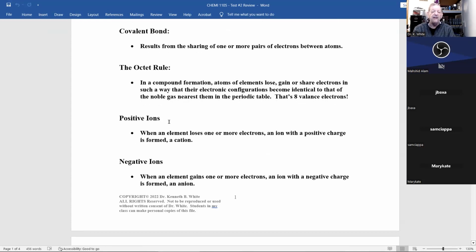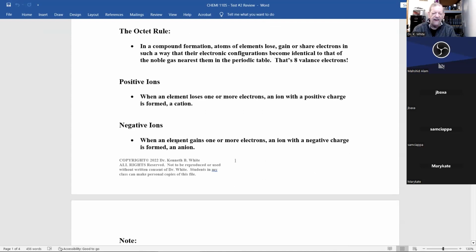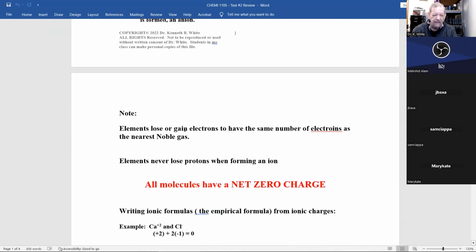When an element loses 1 or more electrons, it forms a positive ion called a cation. When an element gains 1 or more electrons, it forms an ion with a negative charge called an anion.